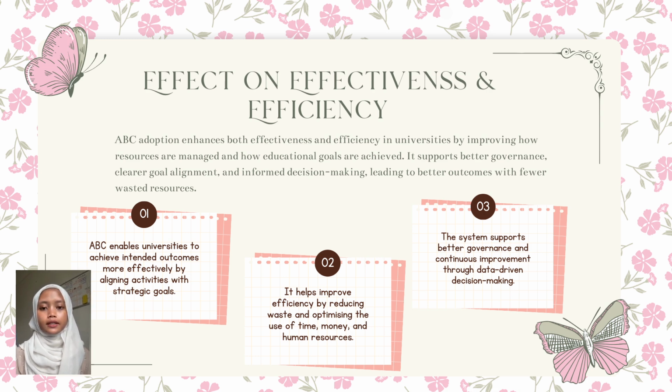It gives clearer insights into which areas contribute most to institutional success. At the same time, it improves efficiency by identifying waste, unnecessary processes, and idle time, allowing universities to use resources more wisely. Unlike traditional costing, ABC offers detailed data that supports better planning, governance, and continuous improvement across departments.